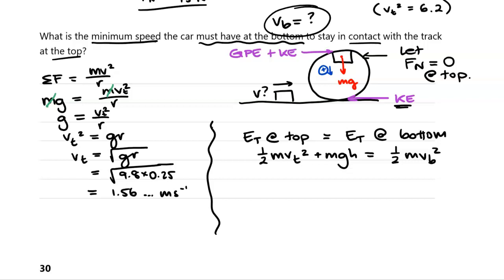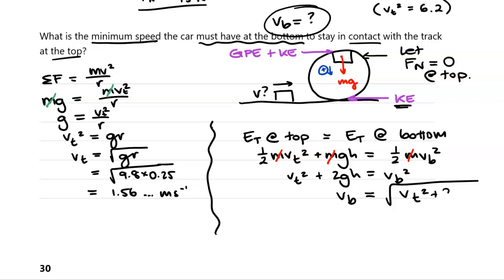Let's do the trick that we did before, cancel off m's because they appear in every term, multiply everything by 2. V top squared plus 2gh equals v bottom squared. Now we're interested in finding that bottom velocity, so v bottom is going to be the square root of v top squared plus 2gh.